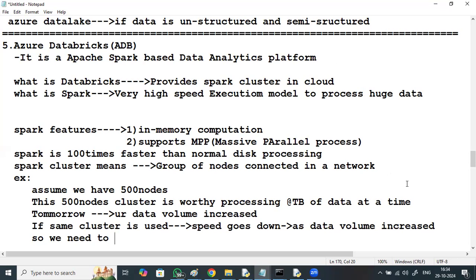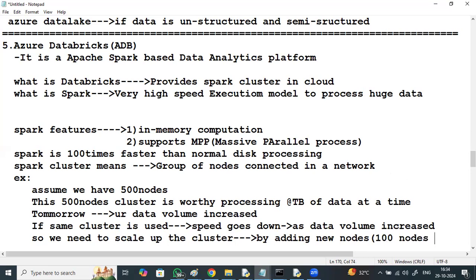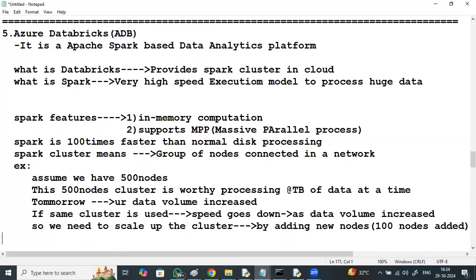So we need to scale up the cluster by adding new nodes. Assume 100 nodes added.